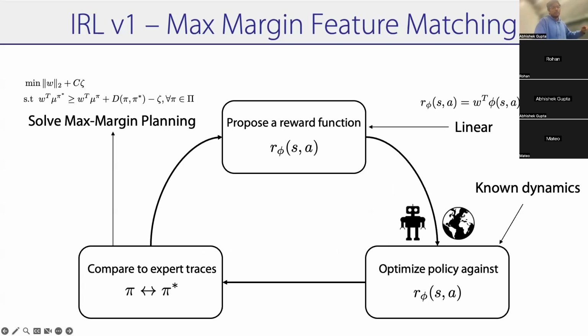But the key point I want to make is that it instantiates your recipe: propose a linear reward function with a W, try to find a W which scores the expert feature expectations higher than everything else with as big a margin as possible, gives you a new policy, add it to your constraint set. So you can run this and you will get some reward function W, and that W you can then use for policy optimization.